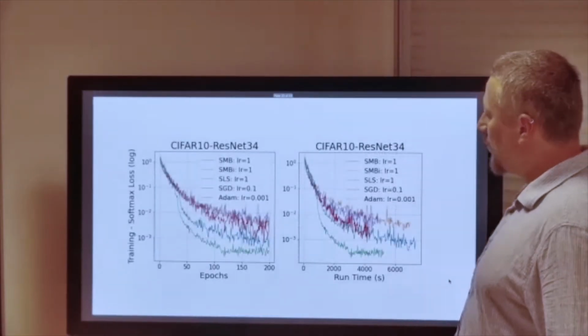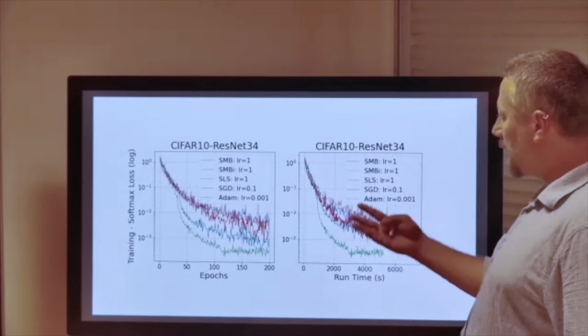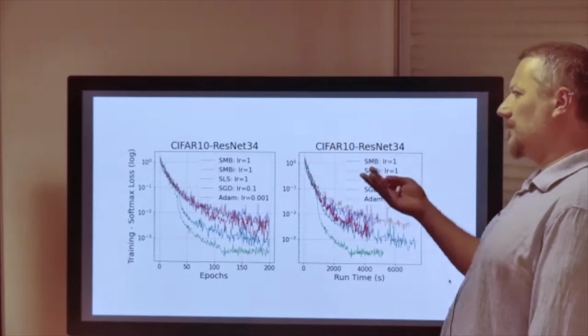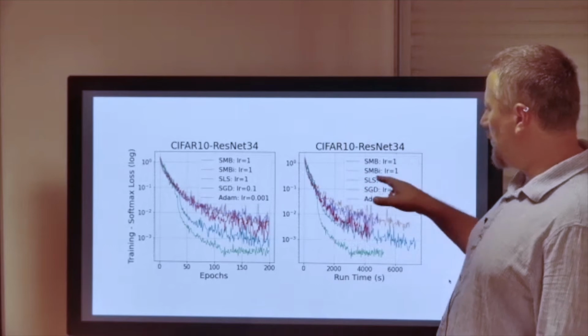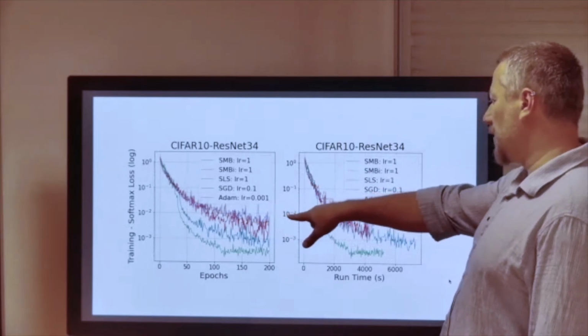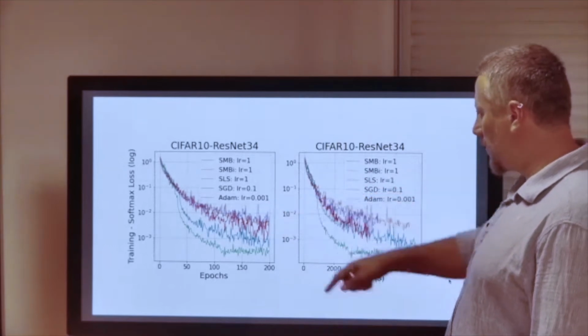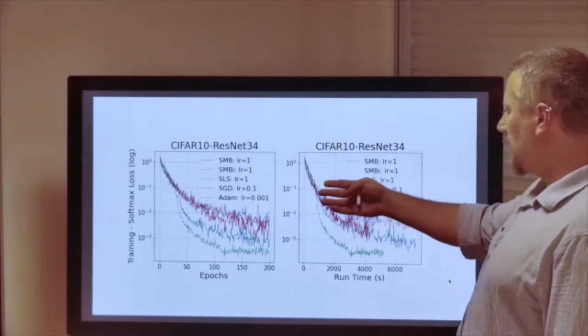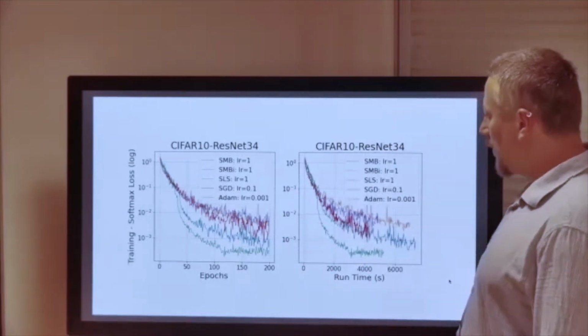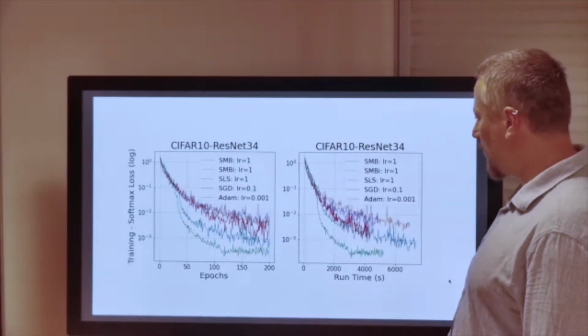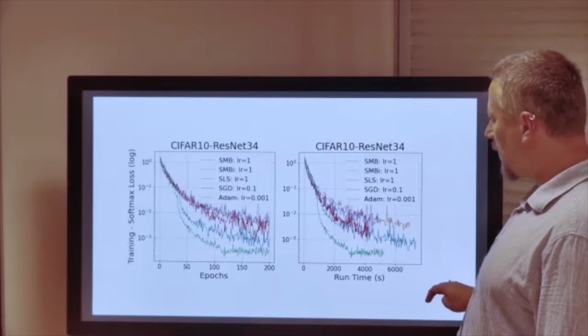But when it comes to CIFAR-10 with this ResNet convolutional neural network architecture, SMBI behaves pretty badly actually, a little bit better than ADAM, but worse than SLS, SMB, and regular stochastic gradient descent.